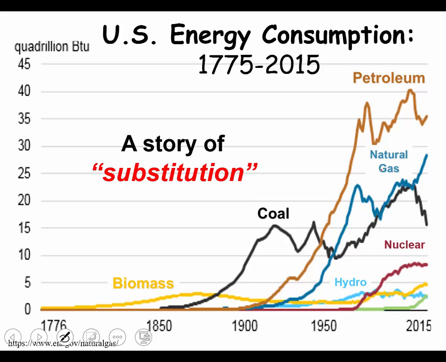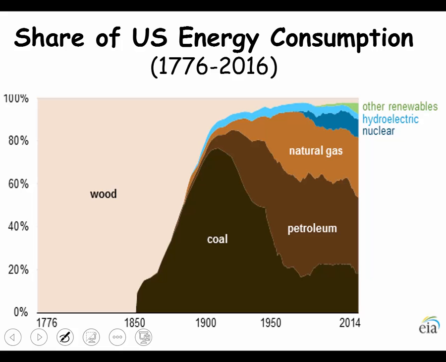We discovered natural gas. We brought in nuclear. We see this continued substitution and a change of mix, so that where we were 100% wood at one time, we were 80% coal. Now we're mainly petroleum and natural gas, and this is going to be the future at some point.